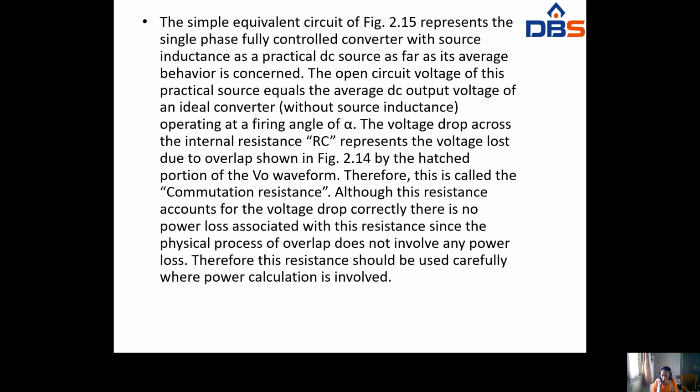Therefore, this is called commutation resistance. Although this resistance accounts for a voltage drop, there is no power loss associated with it, since the physical process of overlap does not involve any power loss. So this resistance should be used carefully where power calculation is involved.